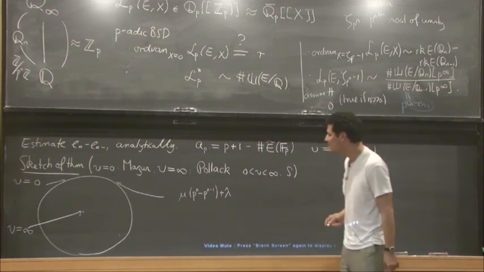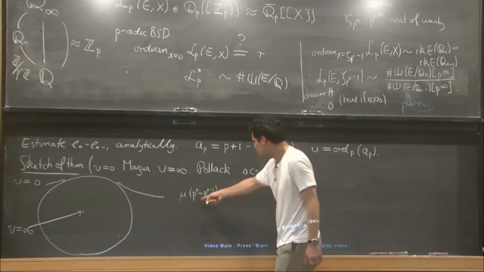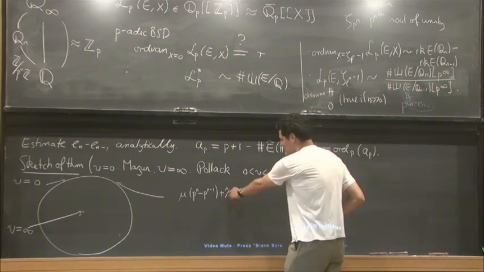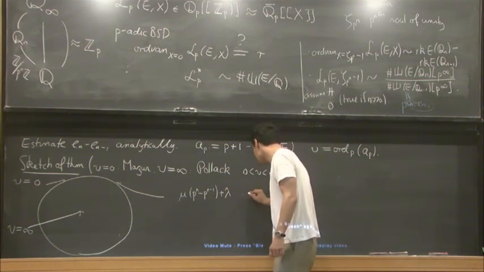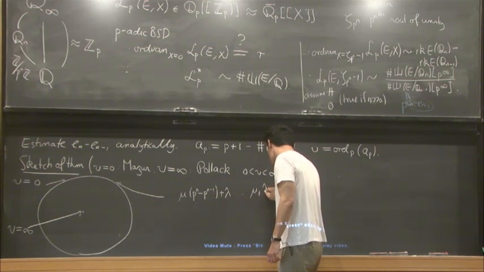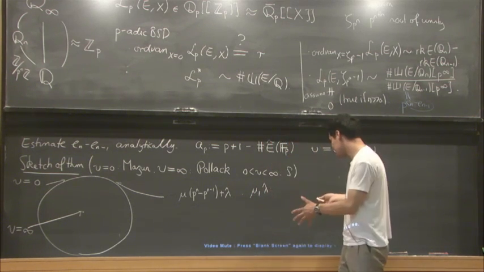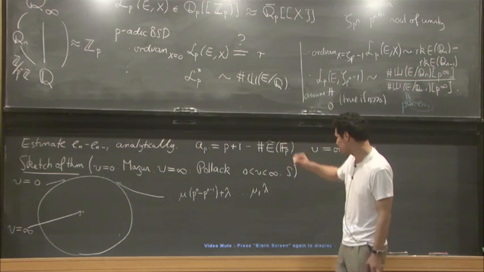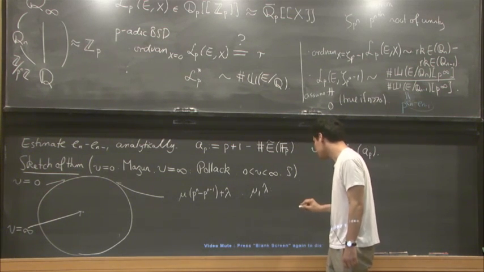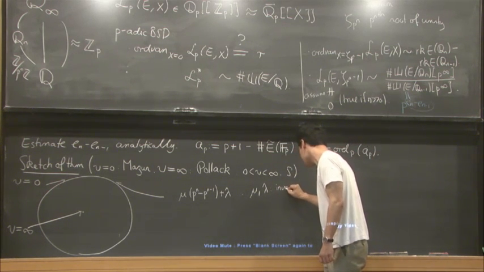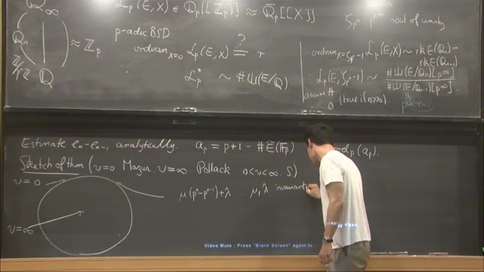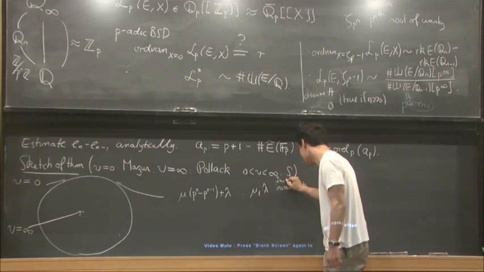It's of this form: mu times some normalization coefficient plus lambda, where mu and lambda are algebraic invariants or analytic invariants of the elliptic curve. Let's call them Iwasawa invariants.